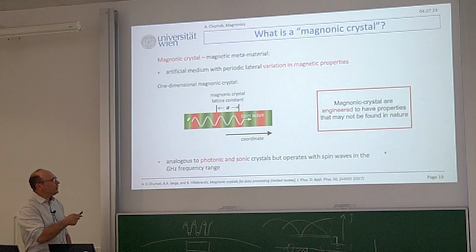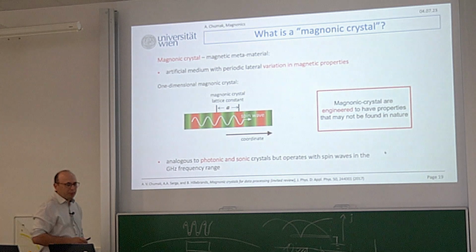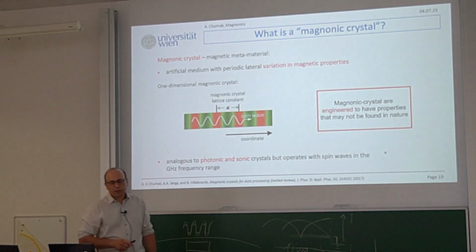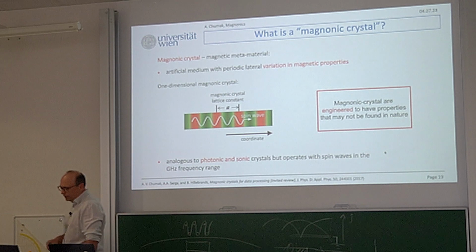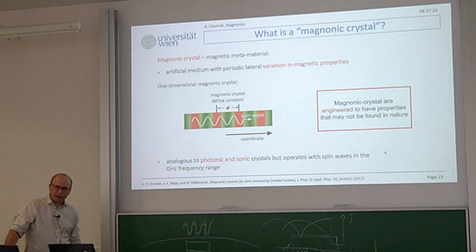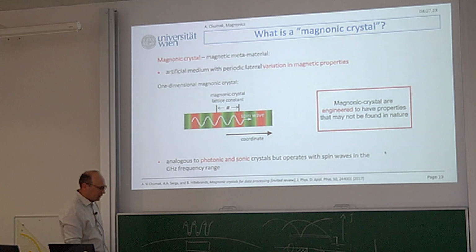What is a magnonic crystal? It's a magnetic media which is periodic in space. It comes from the analog of the photonic crystal, and the photonic crystal comes as an analog of a real crystal. As with real crystals, Bragg found that if you radiate them with X-rays, you will have maxima and minima.